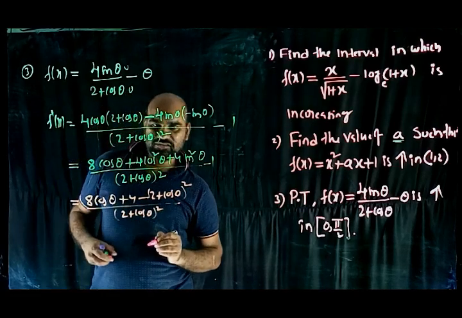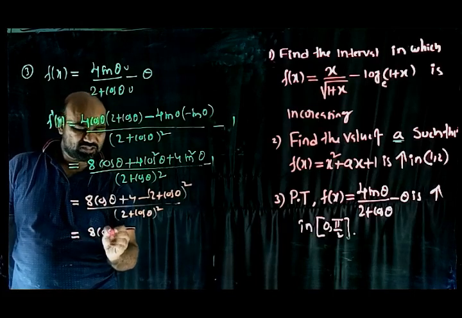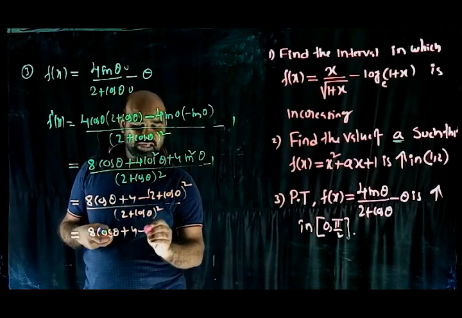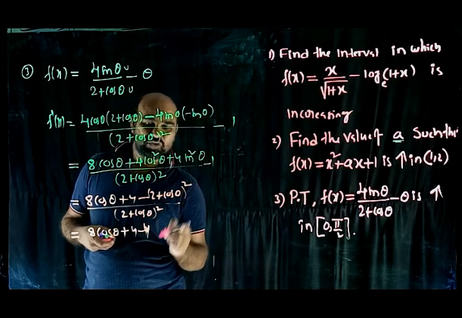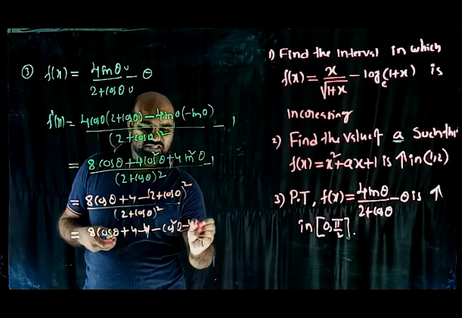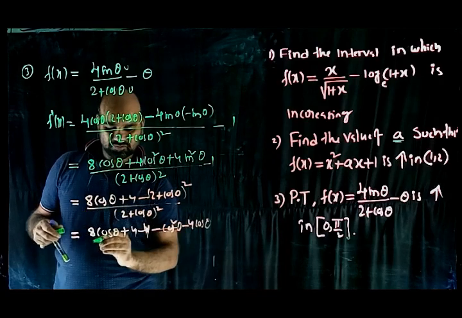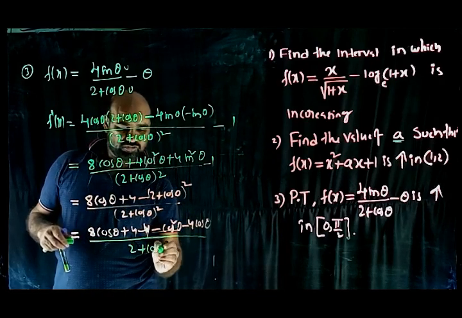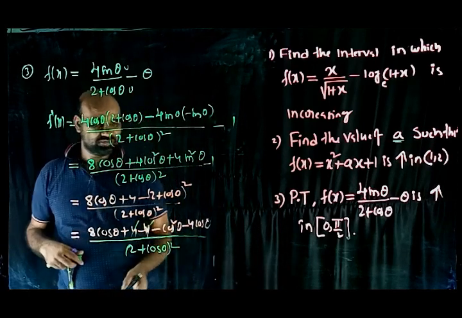Now we need to simplify this directly. 8 cos theta plus 4 minus 4, using a plus b whole square equals a square plus b square plus 2ab, minus cos square theta minus 4 cos theta, by 2 plus cos theta whole square. Here observe 4 gets cancelled.